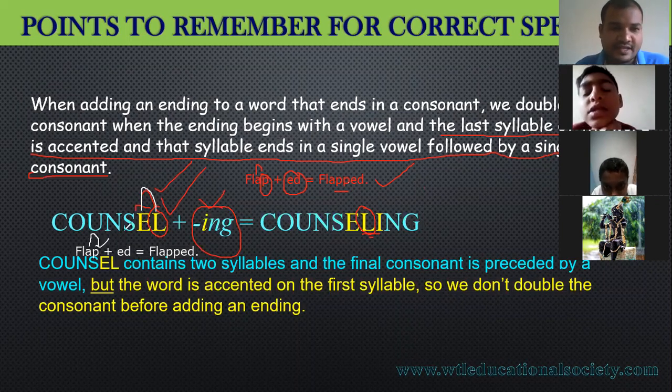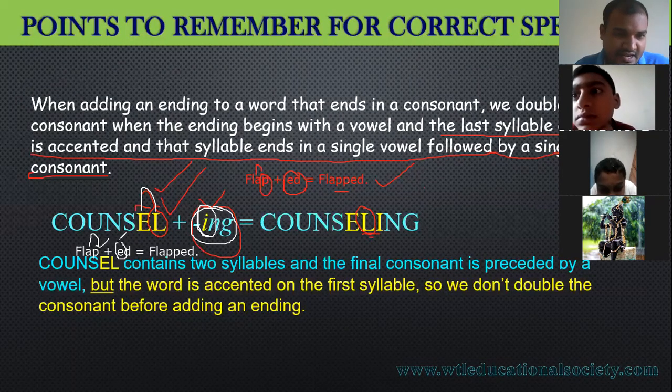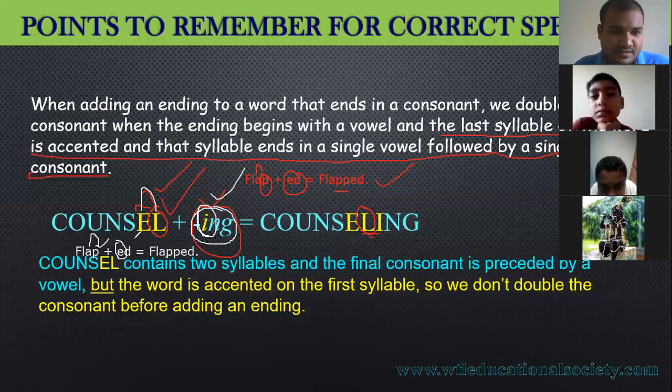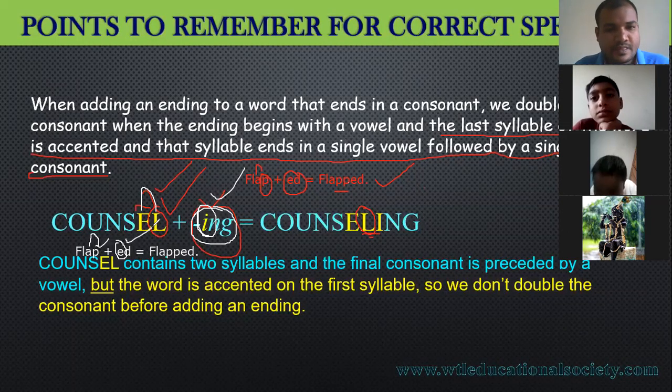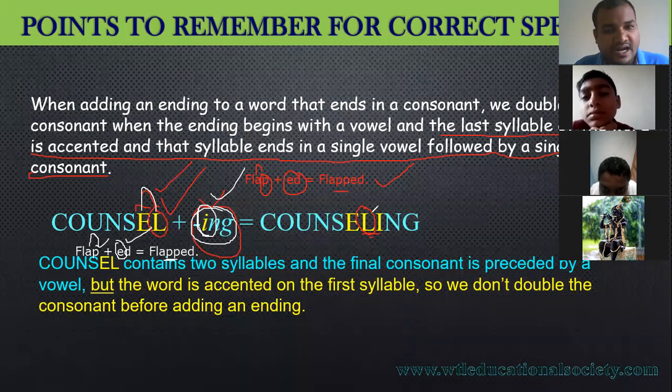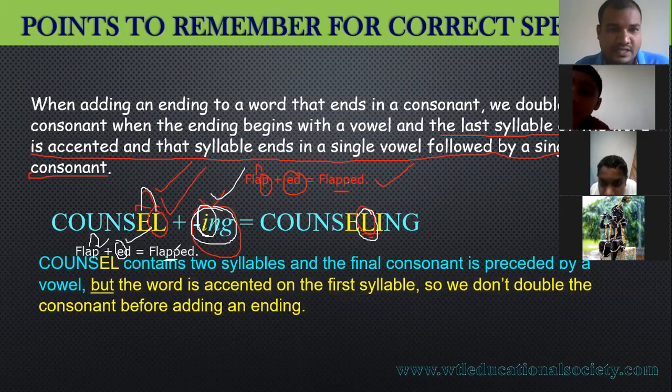So here letter E, here letter A. The word ending started with letter I here, and here the word ending started with letter E. Both are vowels, correct? So in that case, we doubled P here. P, P. But here why did we not double the letter L? Here we doubled the P, but here we did not double the L.